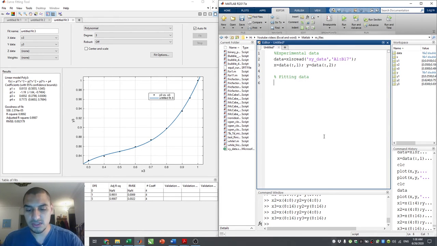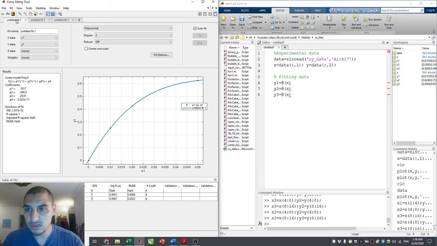So I have three equations now, so I'm gonna call them y1, y2, and y3. y1 is a function of x, y2 also is a function of x, y3 is a function of x, and this function is what I got from here.